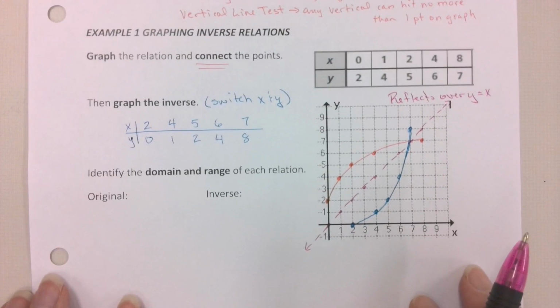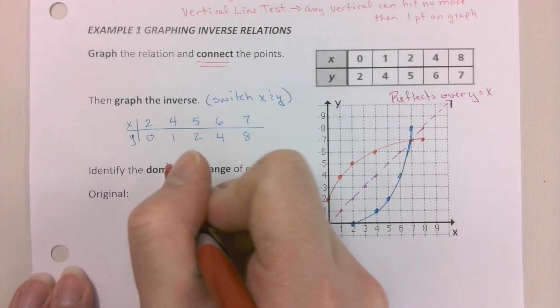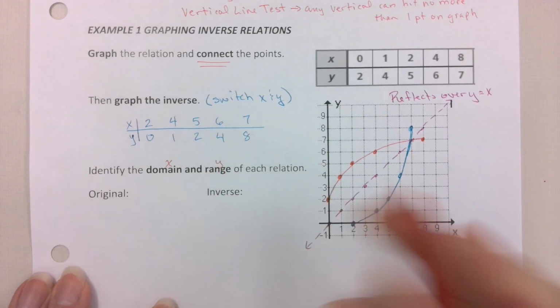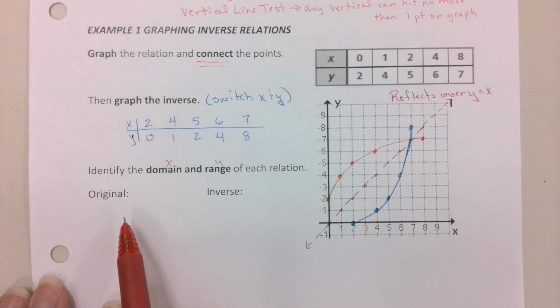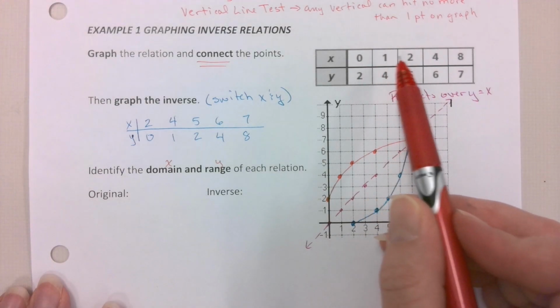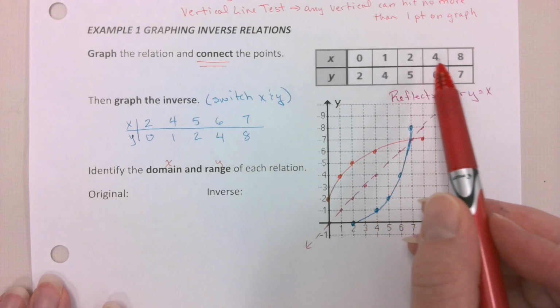Now let's talk about our domain and range. Domain is what the x values can be, and range is what the y values can be. So in my original function, the domain, if we did not connect the points, would be 0, 1, 2, 4, 8, if we did not connect the points and it was discrete.